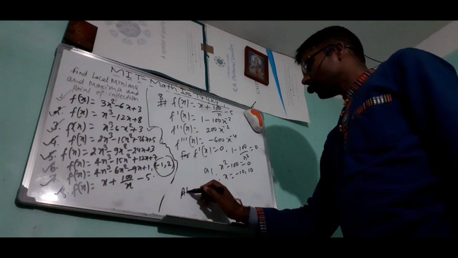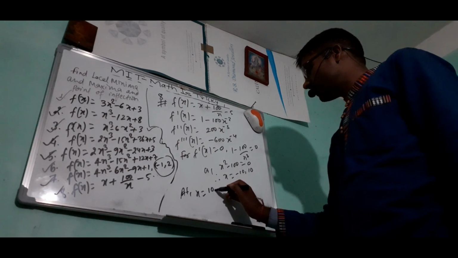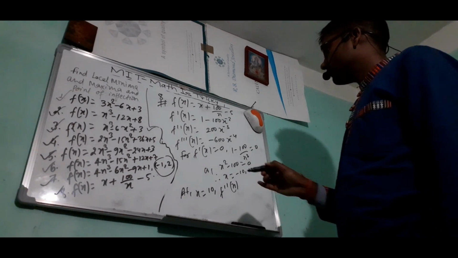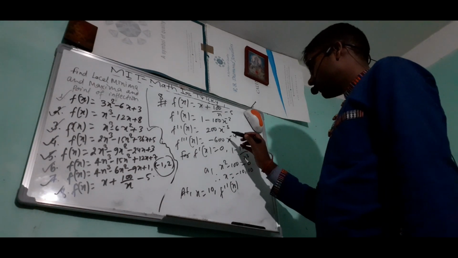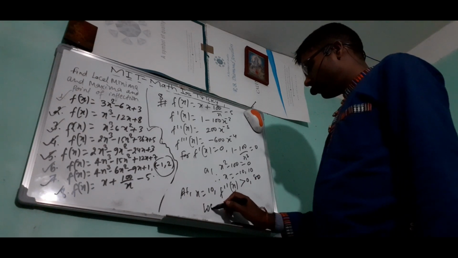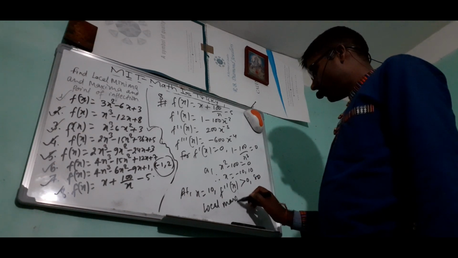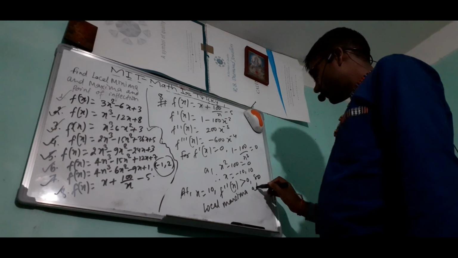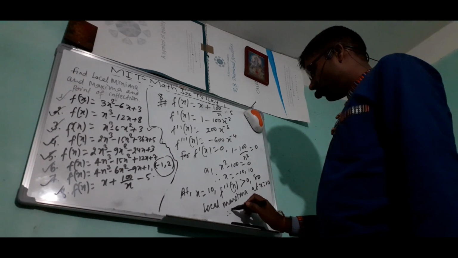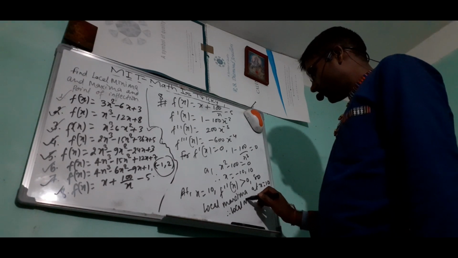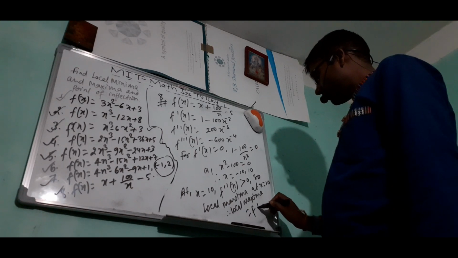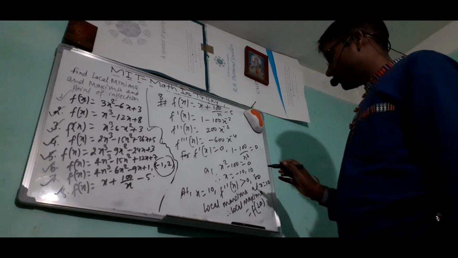So at x equals 10, we see the second derivative is simply positive. So local maxima at x equals 10, and the local maxima will be how much? Equals f of 10. That's our answer.